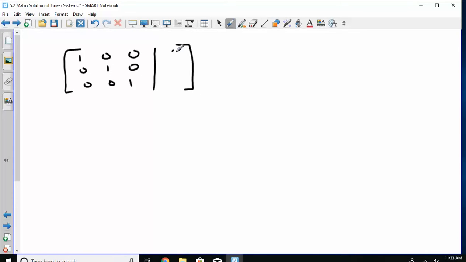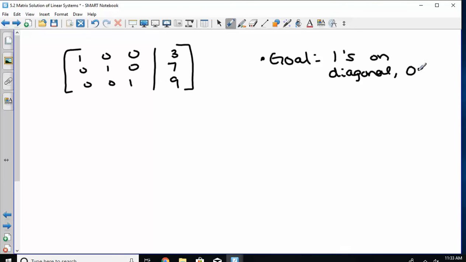Because if I got something like this, then if I turn this back into equations, this first one would say x equals 3, y equals 7, z equals 9. So if we get this format, we have the answer. So our goal is 1s on the diagonal, zeros elsewhere.